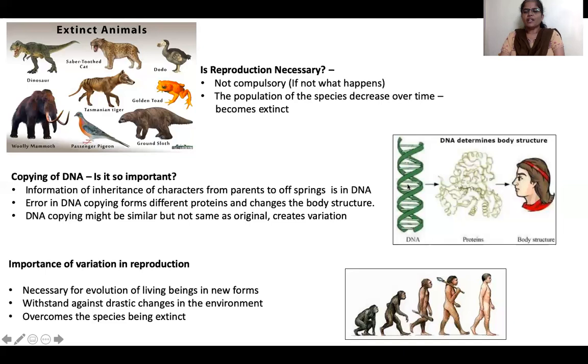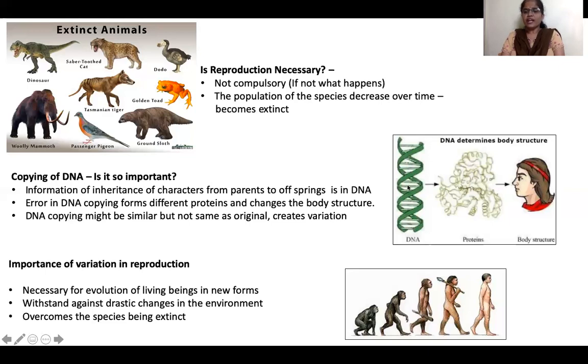While passing it, DNA gets converted to proteins. Proteins decide the structure of the body. The information in the DNA leads to formation of proteins. Because of these proteins, we get a defined body structure.